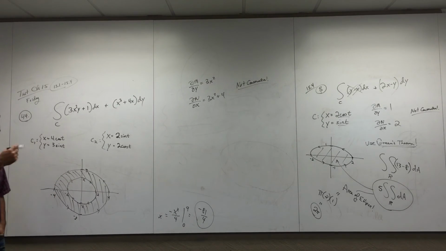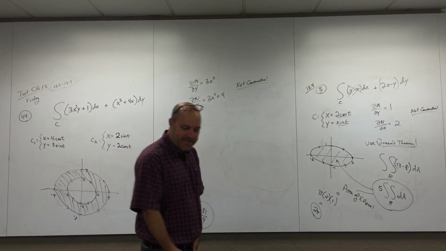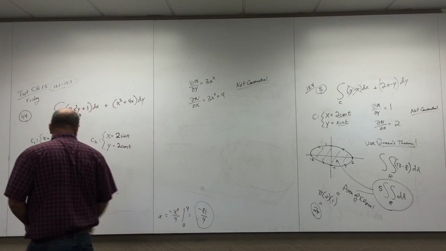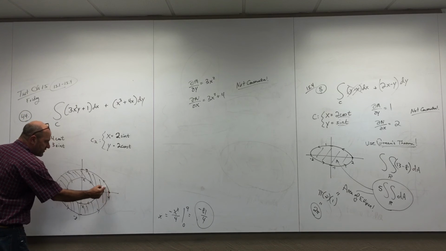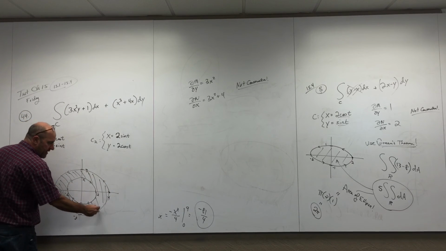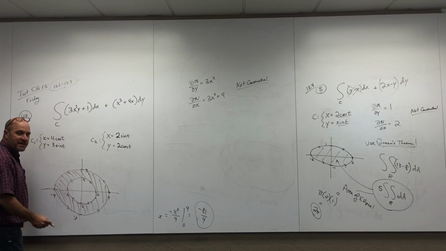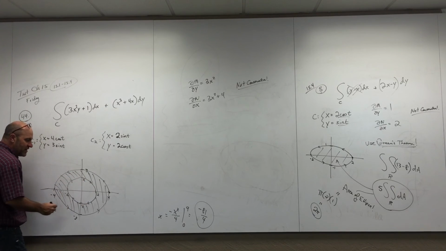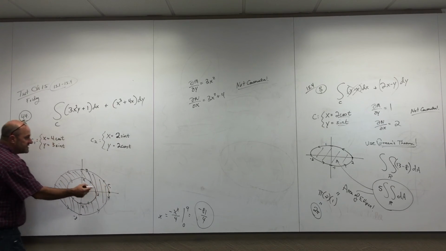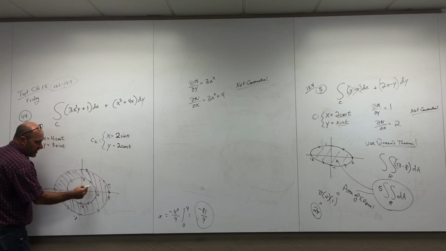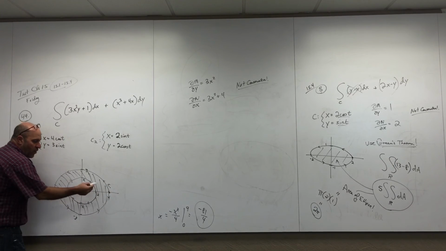But aren't we supposed to have connected paths? What I'm doing is cruising around this path, and then I'm just cruising around this path. I think they're supposed to be connected. So watch what I do here. This C1 is this path. This is C2, but I want to connect them.